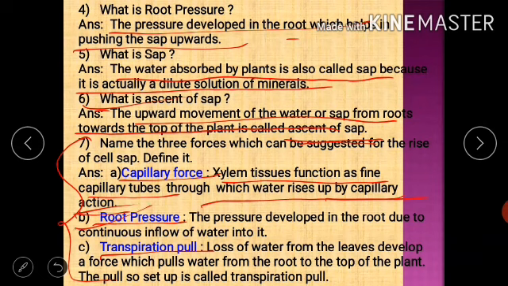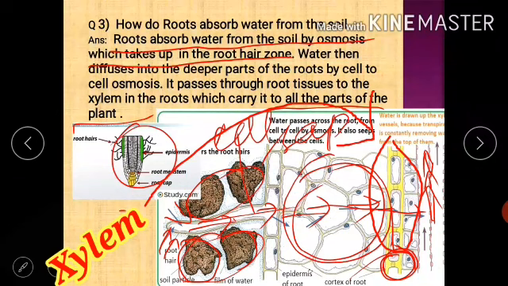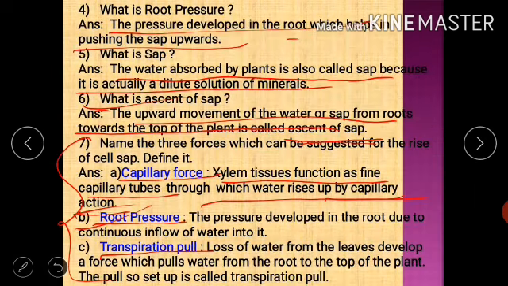Now root pressure, as I have explained in the previous slide, is created inside the root due to the accumulation of salt solution, which enables the pushing up of the cell sap to the top of the plant, developed in the root due to the continuous inflow of water into it.